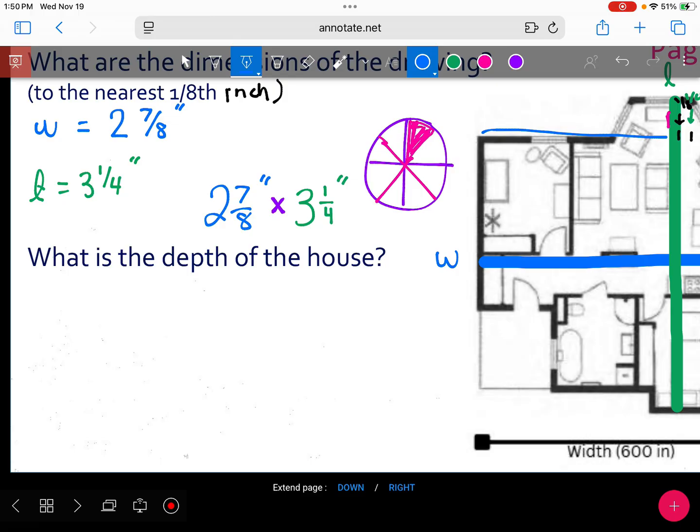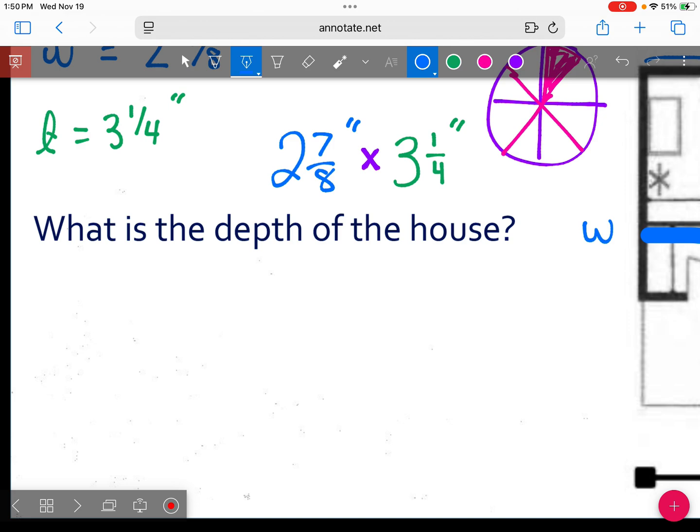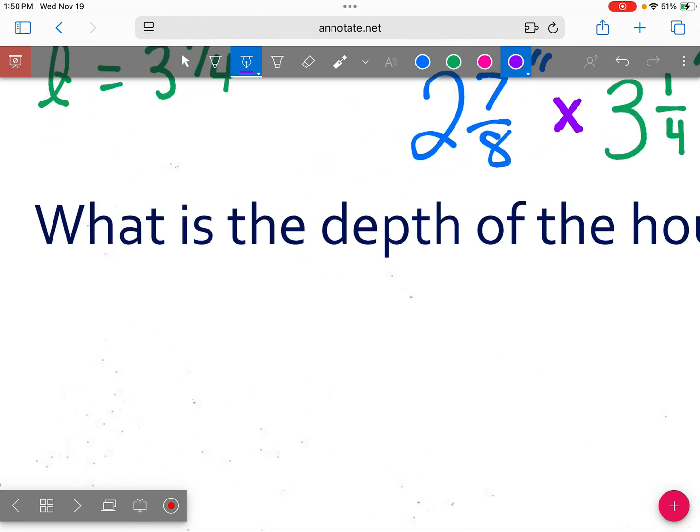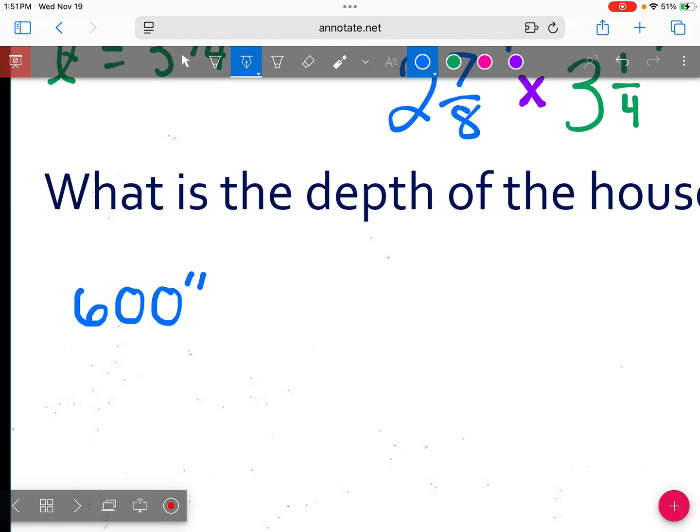So we can do this using our kind of unit conversion style stuff. We can set this up using similar ratios. We can do this in a few different ways. I feel like the most reliable way to do this is to set up our similar ratios. I know that 600 inches in the real world is represented by that 2 7/8.